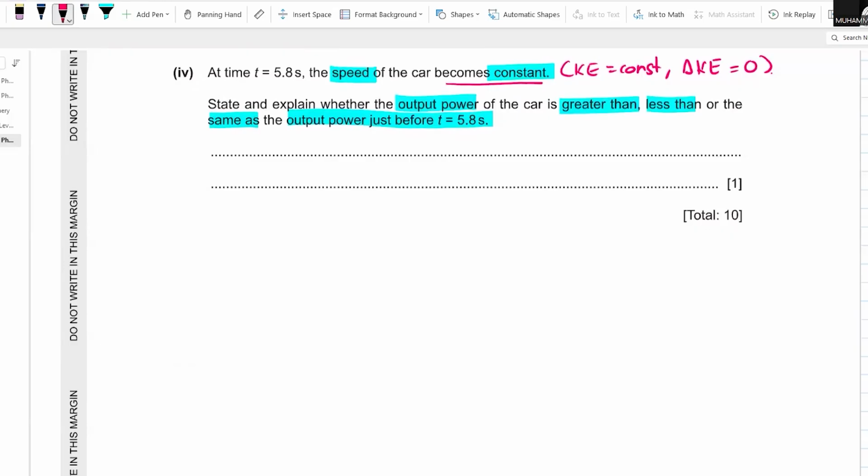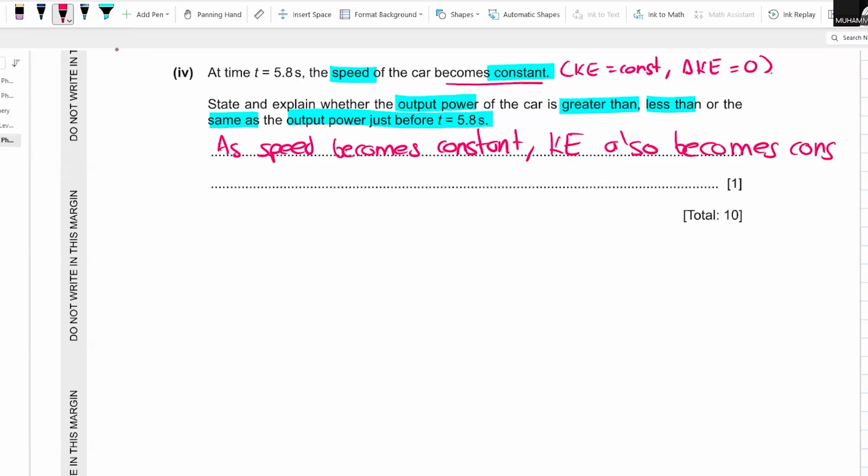You can say, as the speed becomes constant, kinetic energy also becomes constant, and hence there is no change in kinetic energy.